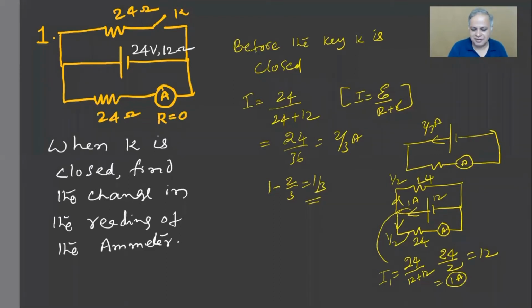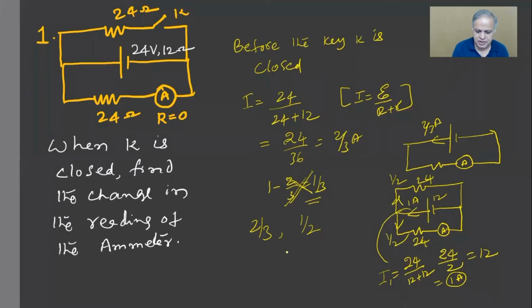Come on. The current now divides in parallel resistances. Current divides in the inverse ratio of resistances. For series and parallel, we have given 5 points for this, 5 points for this already. So this answer is not correct. So now previously the current was 2 by 3. Now the current is half an ampere.